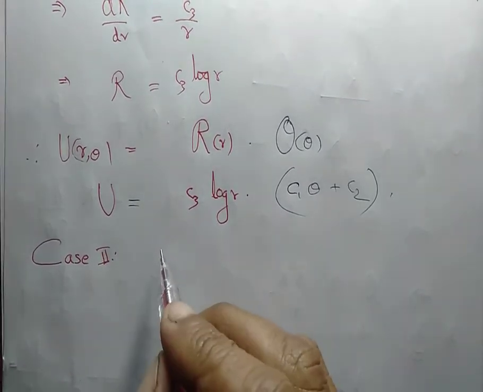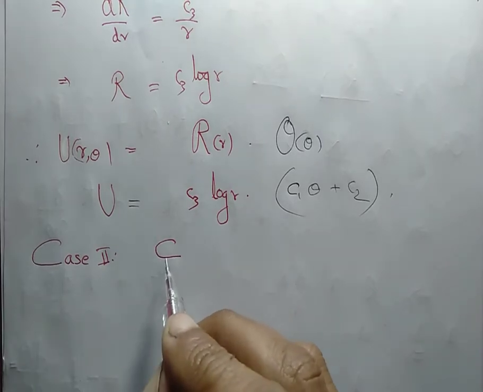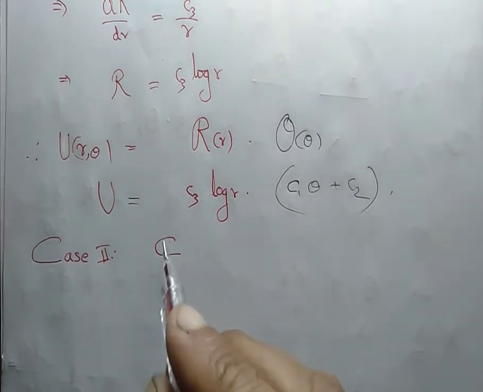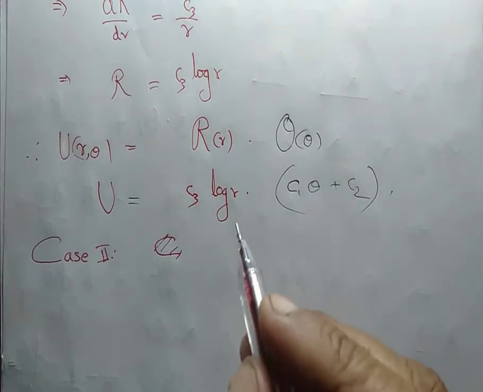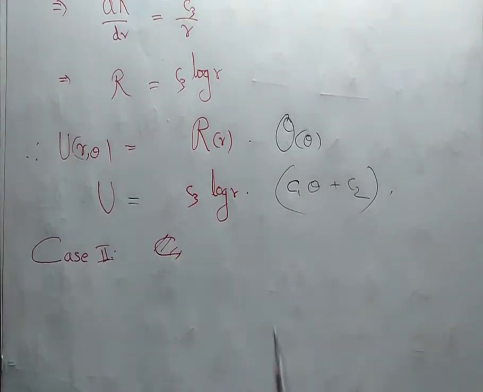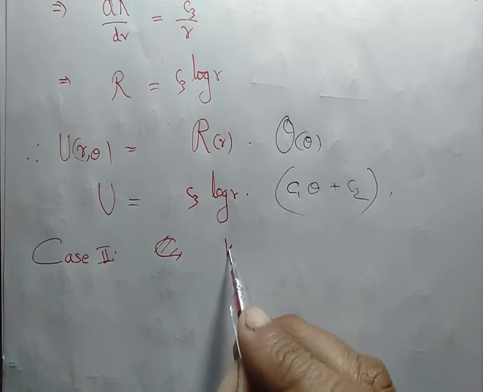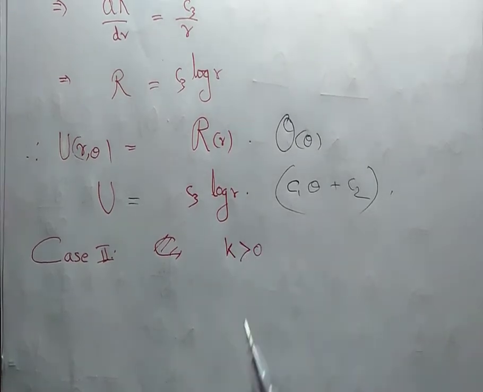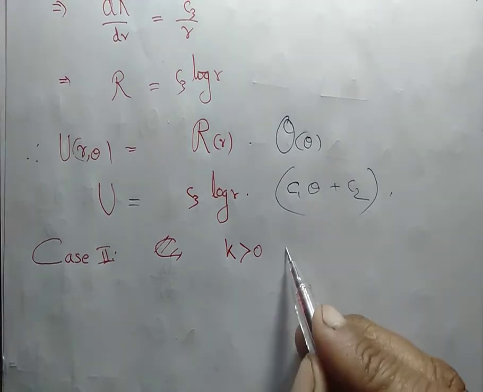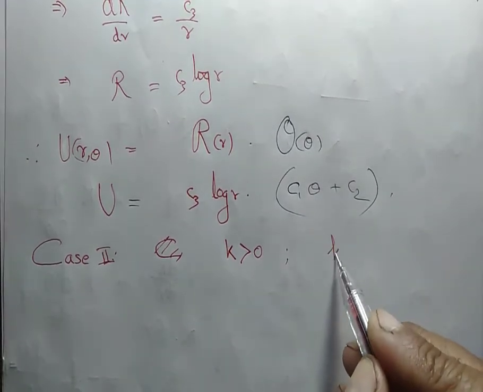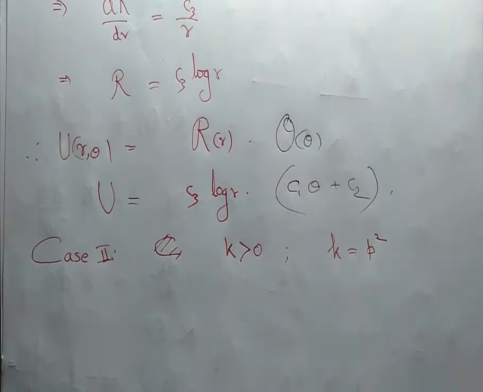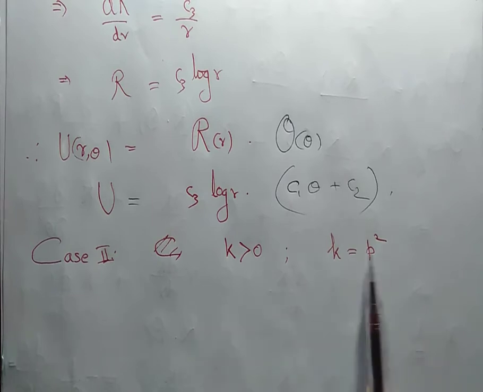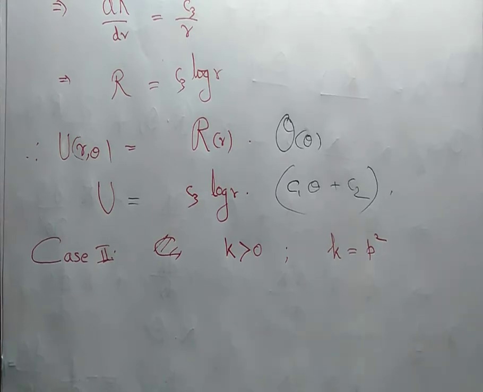So let's consider case 2. Case 2, let us consider the case k is greater than 0. If it is greater than 0, then we can always write k equal to p squared, because if it is positive, then it must be a square of another number.